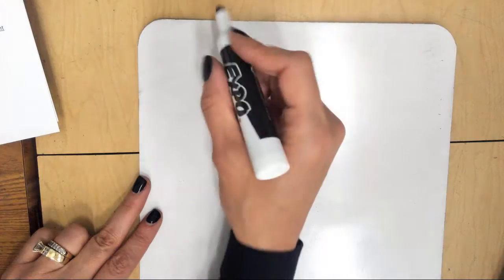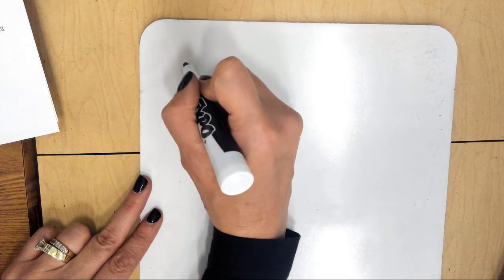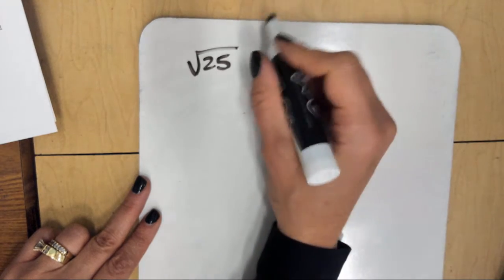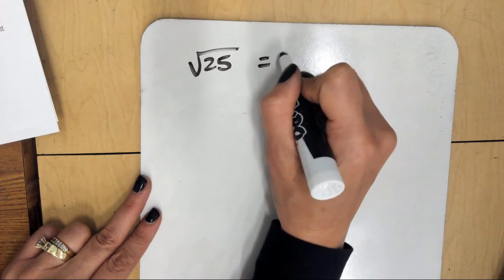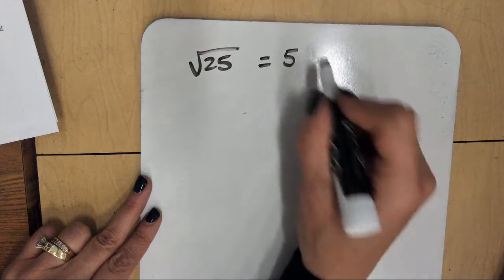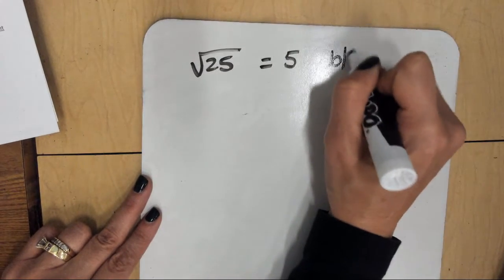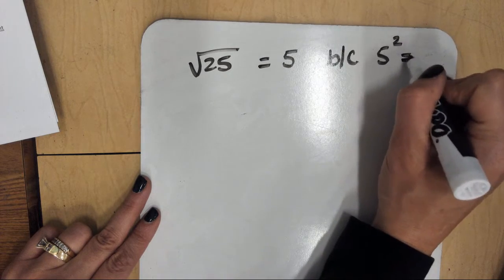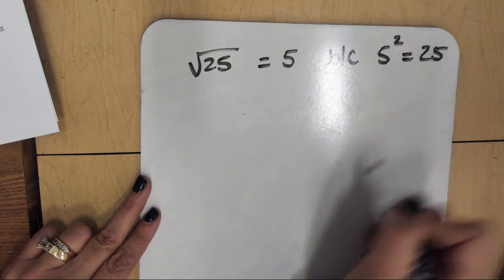In part 1, you're just simplifying, you're finding the nth root. So for example, if I have the square root of 25, the square root of 25 equals 5. That's because 5 times 5, which is 5 squared, equals 25.